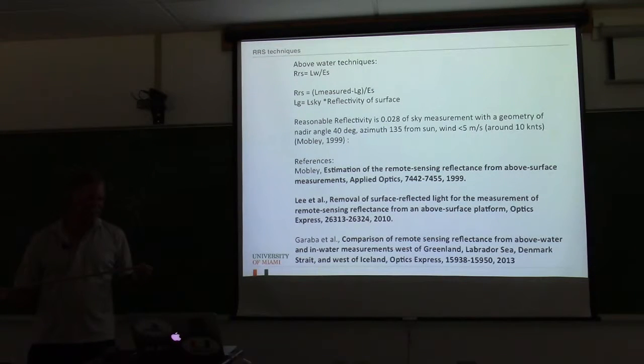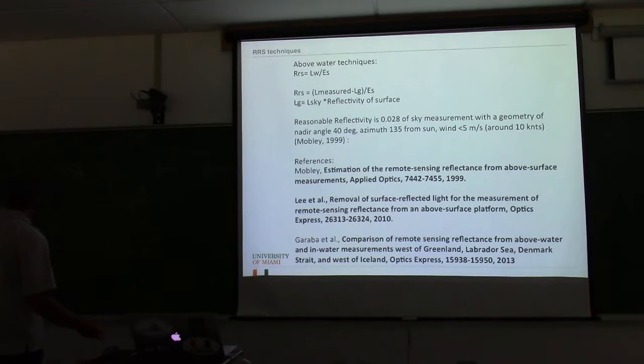That's just basically Fresnel's reflectance. But then, how much is really reflected depends on wind speed, because you don't have a level surface. And then, how much is reflected depends on your angle relative to the sun, because if you were looking this way, for example, you'd be looking right at the glint. If you were looking that direction, you'd be looking at your shadow. You don't want to do that.